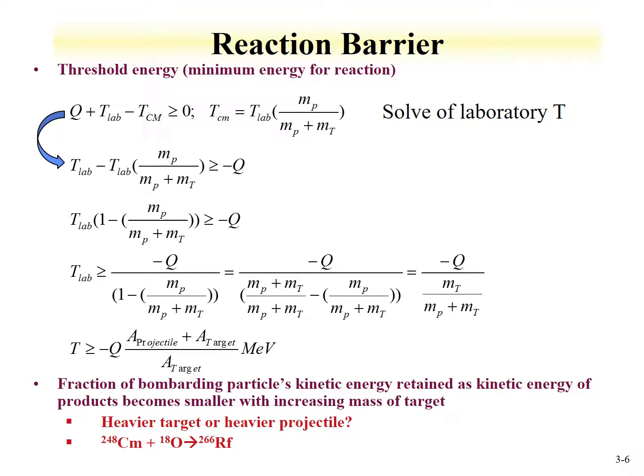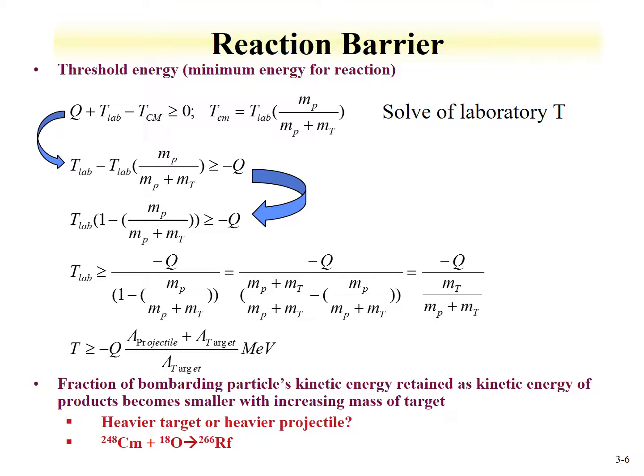We've put the Q value onto the other side of the equation. We take the kinetic energy of the lab term out. Now we can rearrange this equation and solve for what the kinetic energy of the laboratory must be greater than. We get to this equation here. We rearrange.